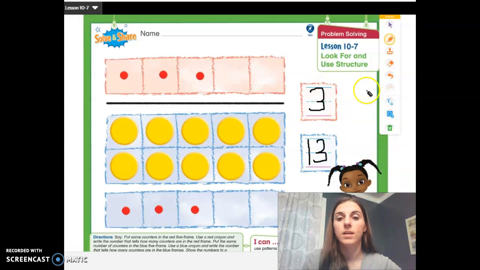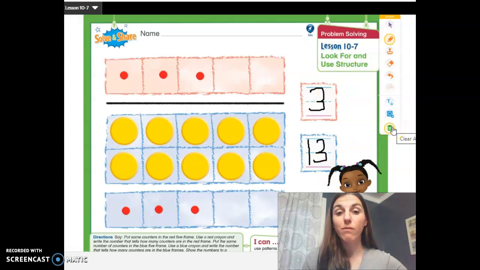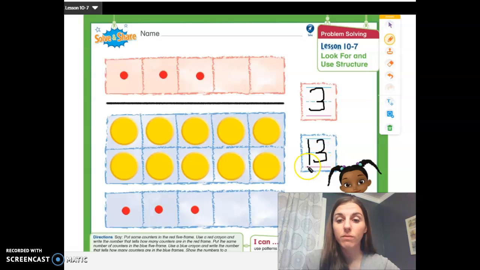So what do we notice as a similarity? They both have 3 ones. So the top is 3 ones and the bottom is 3 ones, but the bottom has a group of 10 first. So that makes it 13.